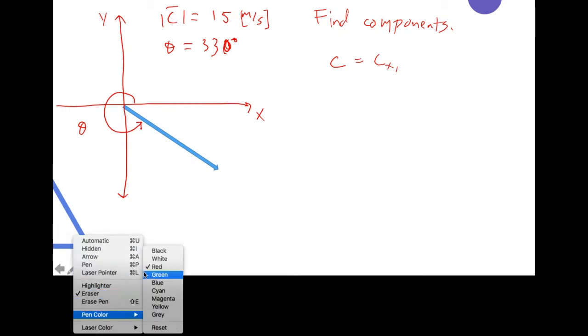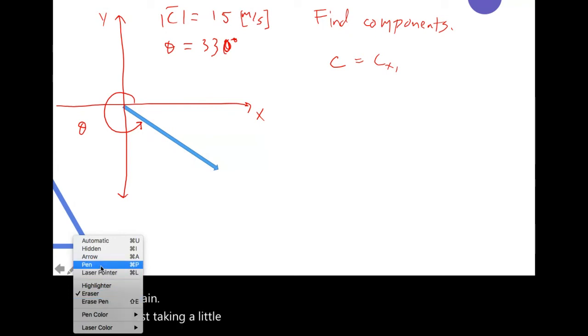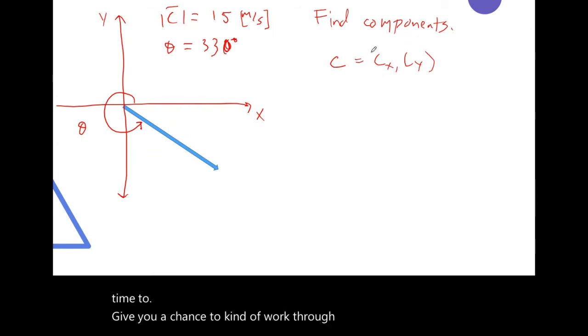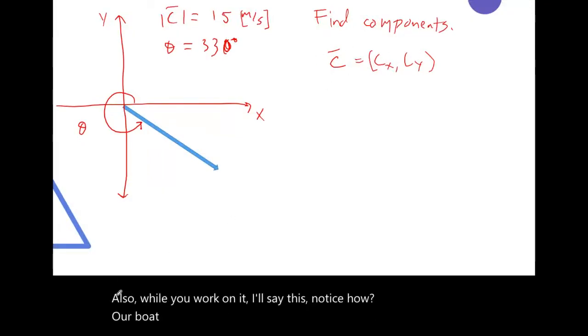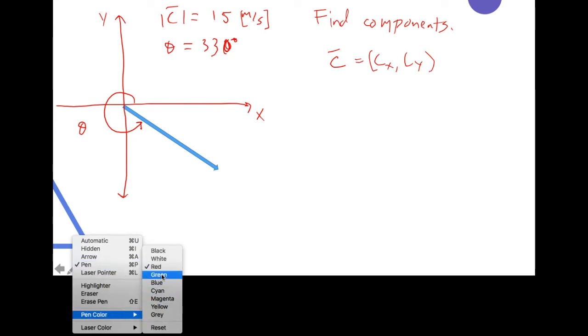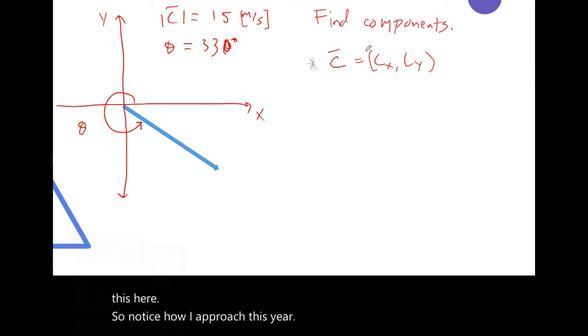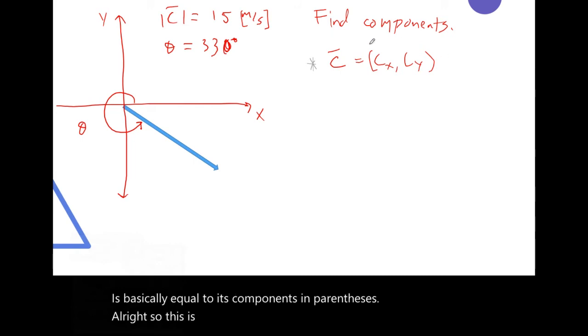Again, I'm taking it a little bit slower this time, just to give you a chance to work through it before I get into it. While you work on it, notice how I wrote this here. I wrote this vector C as equal to its components in parentheses.